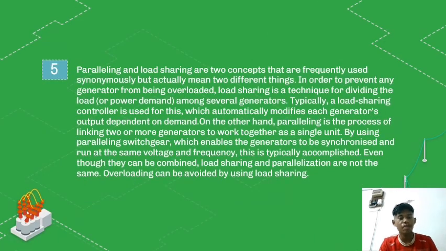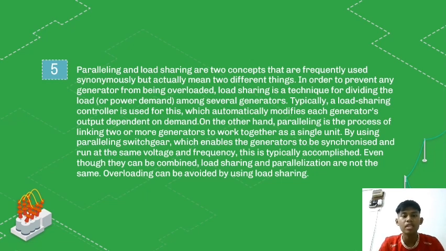So number 5 and the last one is generator parallel operation and load sharing. Paralleling and load sharing are two concepts that are frequently used synonymously but actually mean two different things. In order to prevent any generator from being overloaded, load sharing is a technique for dividing the load or power demand among several generators.